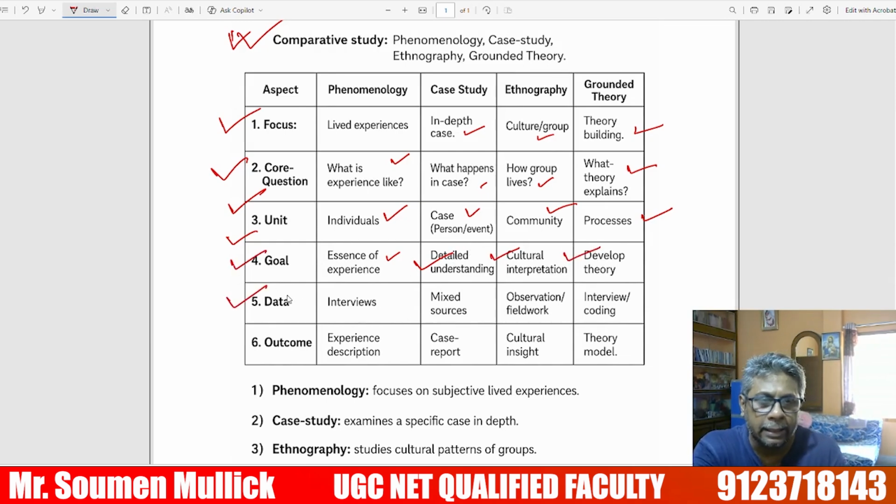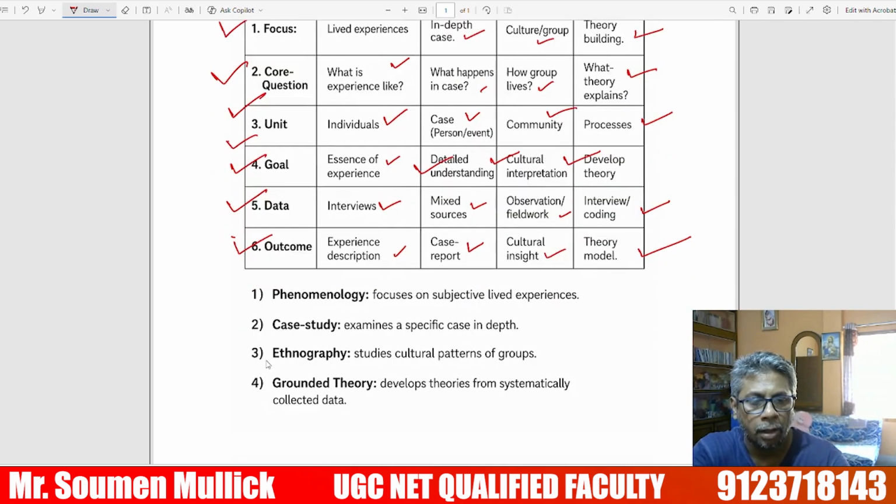Data collection method of phenomenology is interview. Case study, mixed sources. Ethnography, observation and field work. Grounded theory, interview. Finally, outcome: phenomenology, experience description. Case study, case report. Ethnography, cultural insight. Grounded theory, theory model.